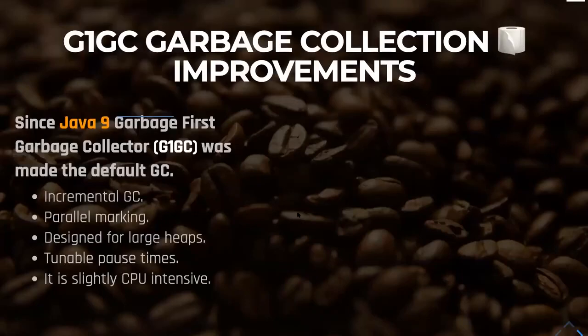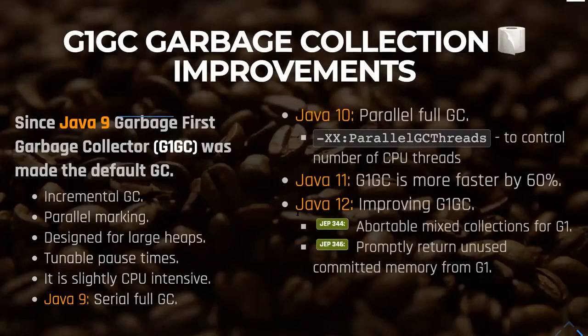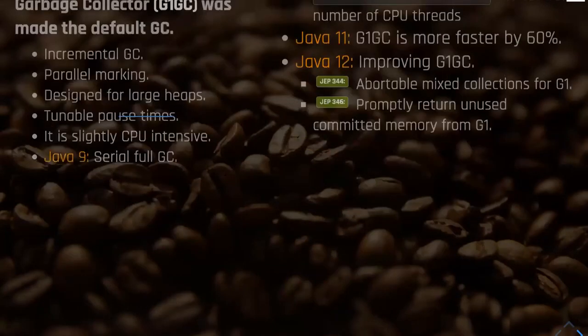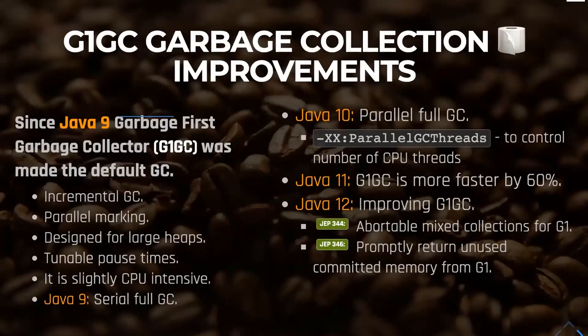So for garbage collectors, we have many enhancements, especially for G1 GC. And I encourage you to use Java 11 because we really implemented G1 GC to be 60% faster, and improved it also in Java 12.